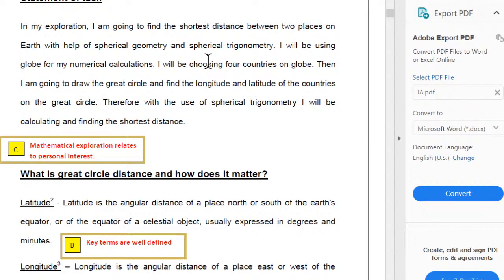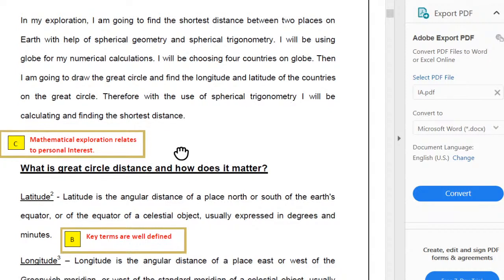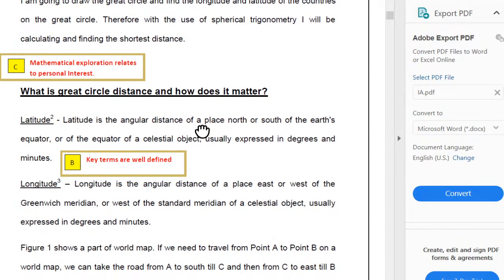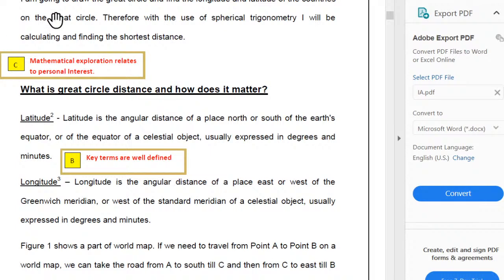So it's given an overview. Therefore, the use of circle geometry will be in finding the shortest distance. These comments were given by the teacher who marked this IA.